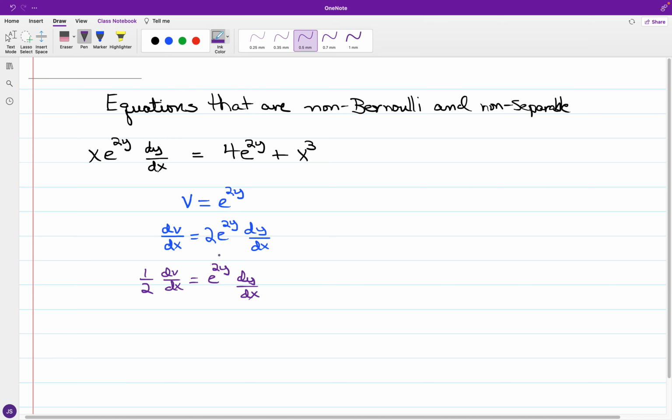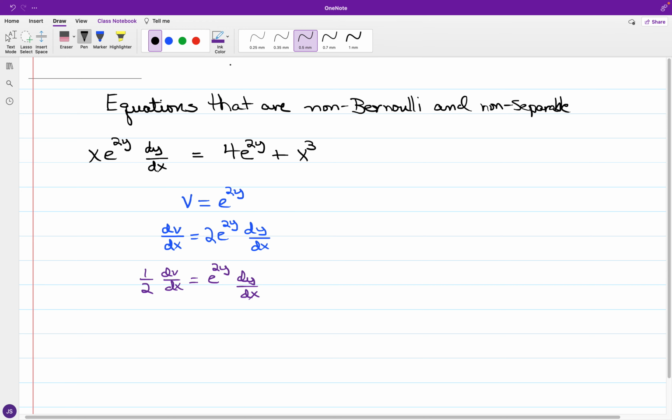And if I look at substituting, for x times e to the 2y dy over dx, well, guess what? If I put what I have in terms of substituting, e to the 2y dy over dx is going to be 1/2 of dv over dx.